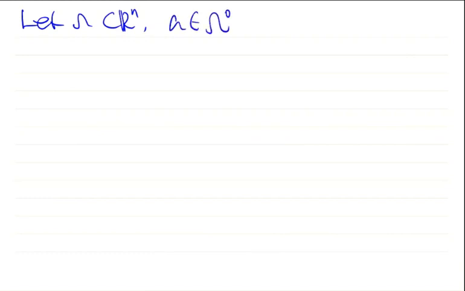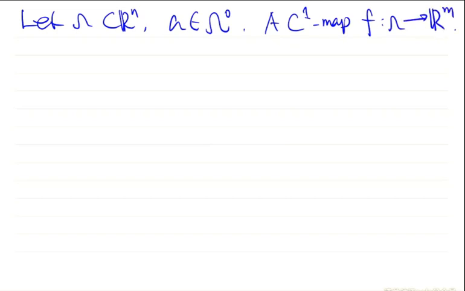Next, we also want to introduce diffeomorphism. So let omega be a subset of Rn, and A is an interior point of omega. Omega need not be open, but we require A to be an interior point. So consider a C1 map F from omega to Rm.